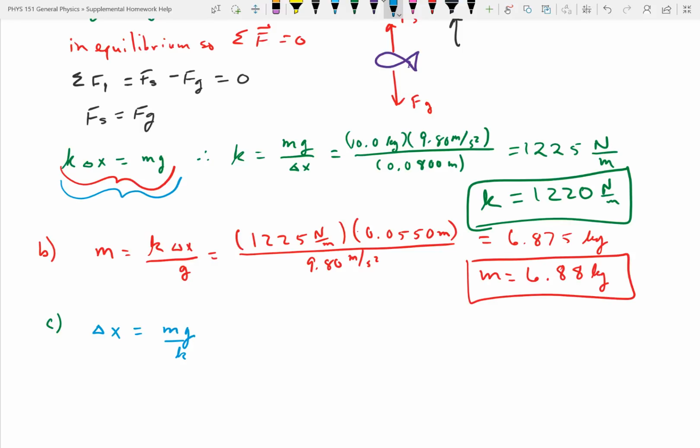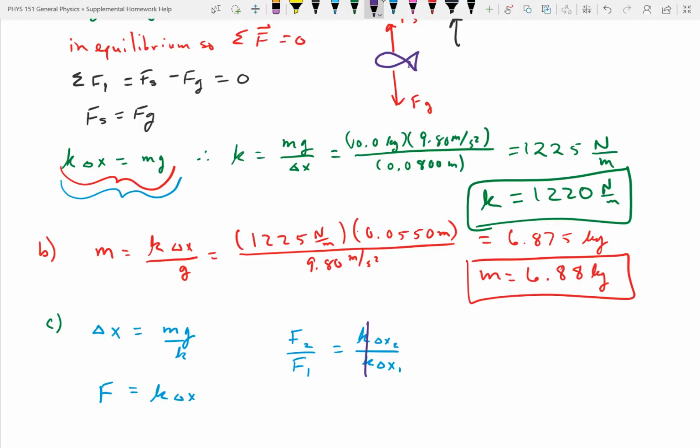The quicker way is we know that we have a linear relationship. Force is equal to K delta X. So the force changes linearly with delta X. So I can just say force 2 over force 1 equals K delta X2 over K delta X1. I can cancel the K's.